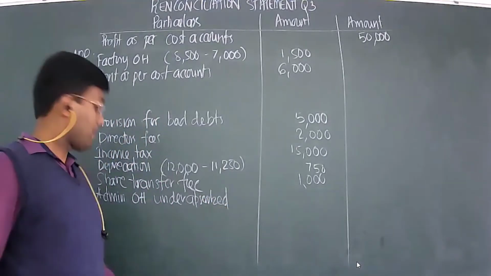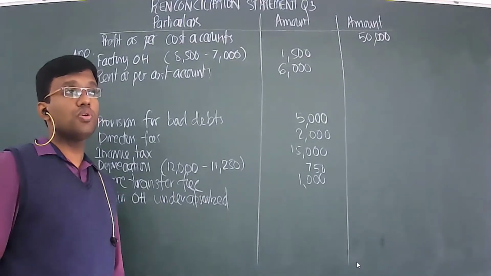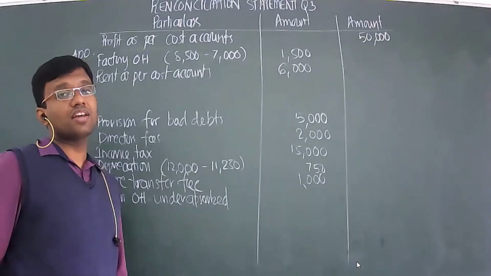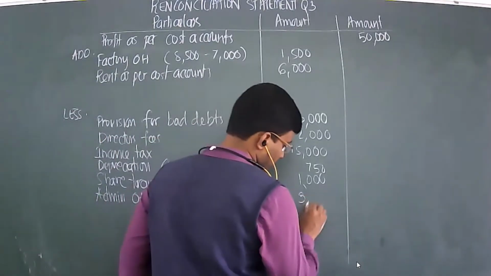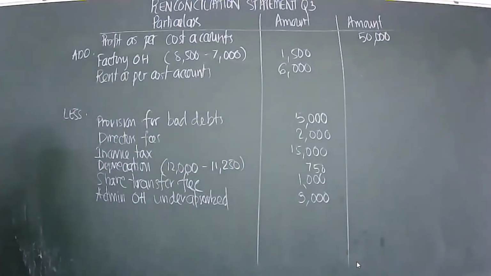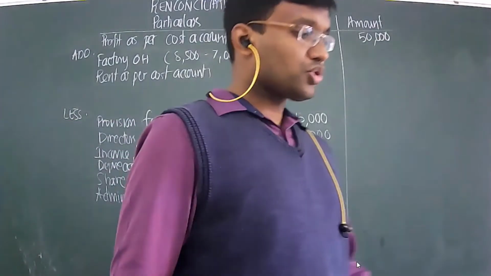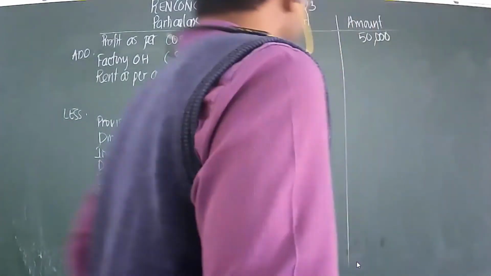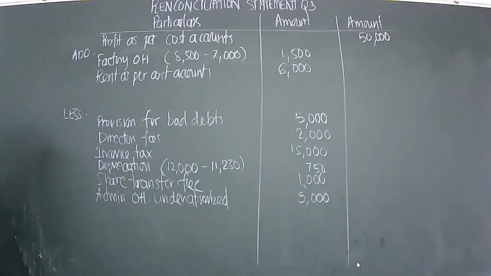So here, when we are preparing for the admin overhead, we just have to take the difference between the two, and the difference between 8,000 and 5,000 is 3,000. That is what happens when it comes to admin overhead, and we notice that admin overhead is under absorbed. So with that, we have completed the placement of the expenses.